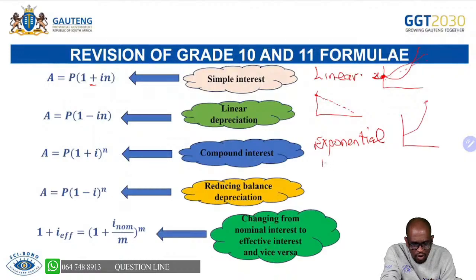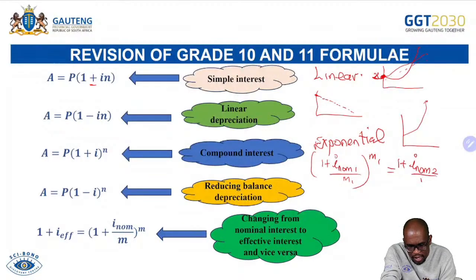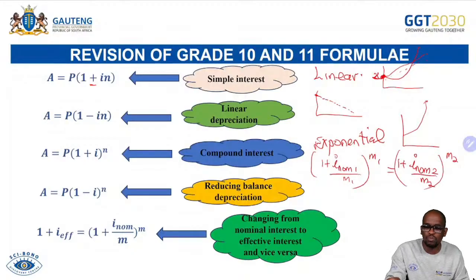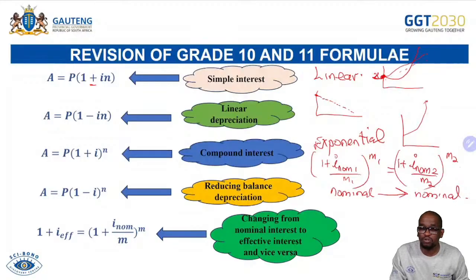That is where you will say 1 plus i nominal 1 upon m1 raised to the exponent m1 is equal to 1 plus i nominal 2 divided by m2, to the exponent of m2. This is now to move from nominal to nominal, all right? From nominal to nominal.